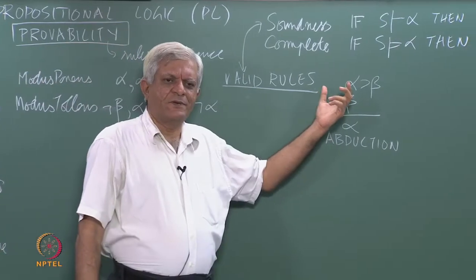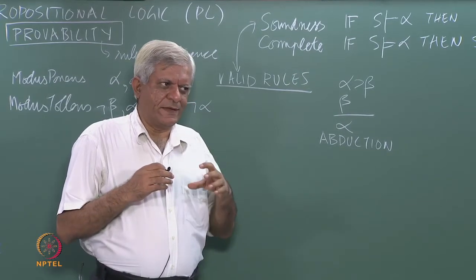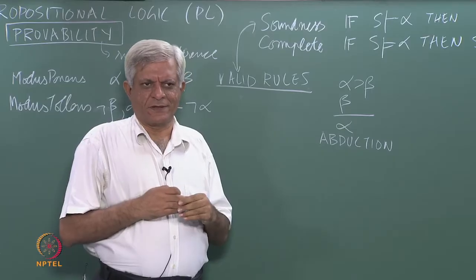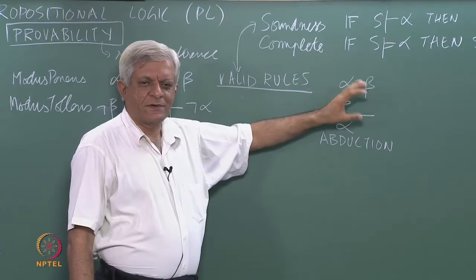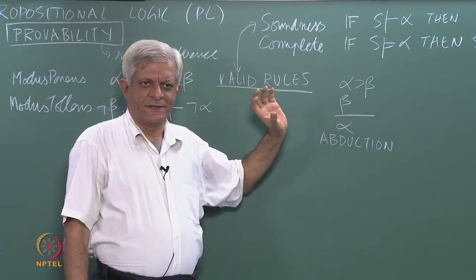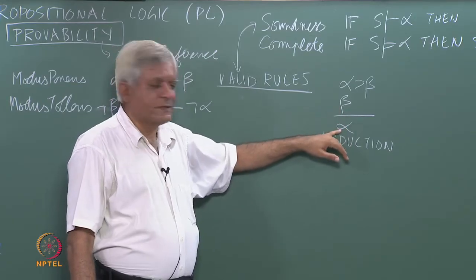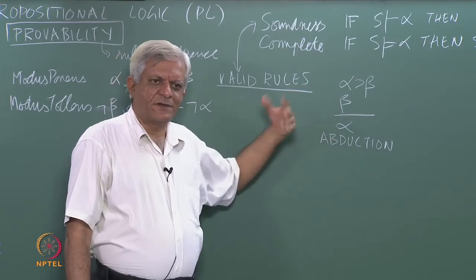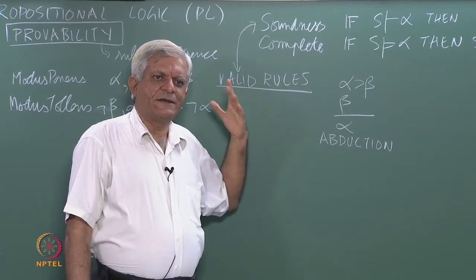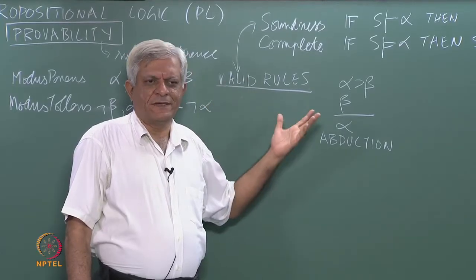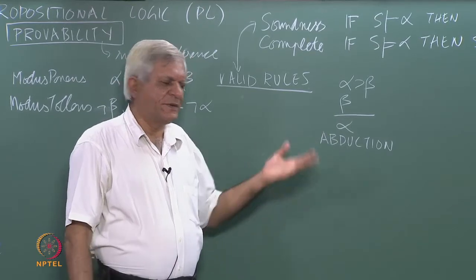So, it is like this, for example, you might say that if somebody is drunk, then that person staggers while walking. So, alpha could stand for somebody is drunk and beta could stand for the person staggers while walking essentially. And then you say somebody is staggering while walking, and you come to the conclusion that the person is drunk. Now, this is not a valid rule of inference, because it is possible that the person may be drowsy or sleepy or tired or hurt, it could be anything.